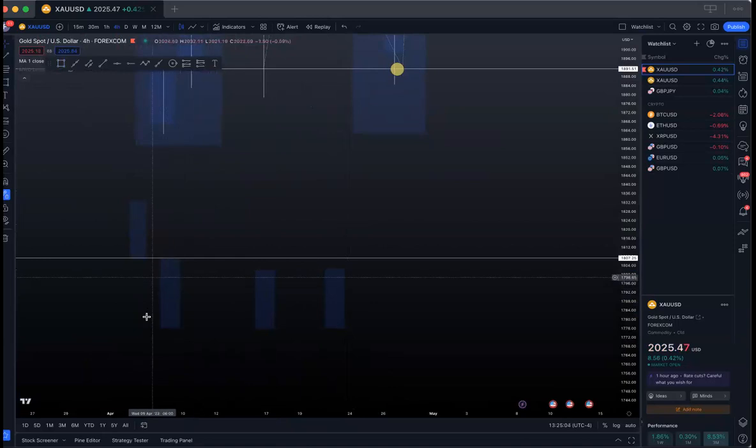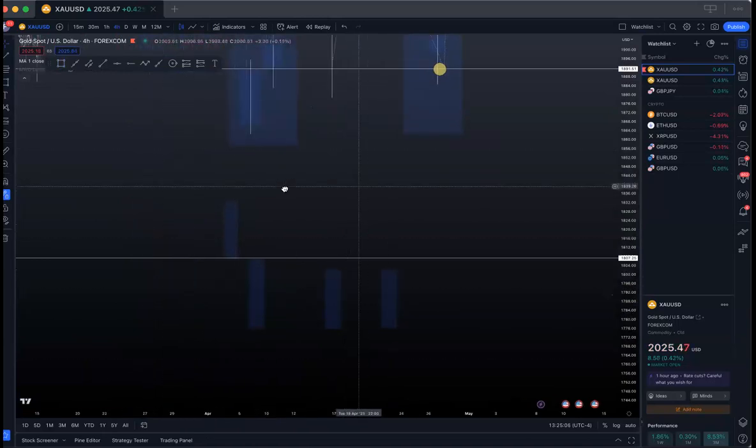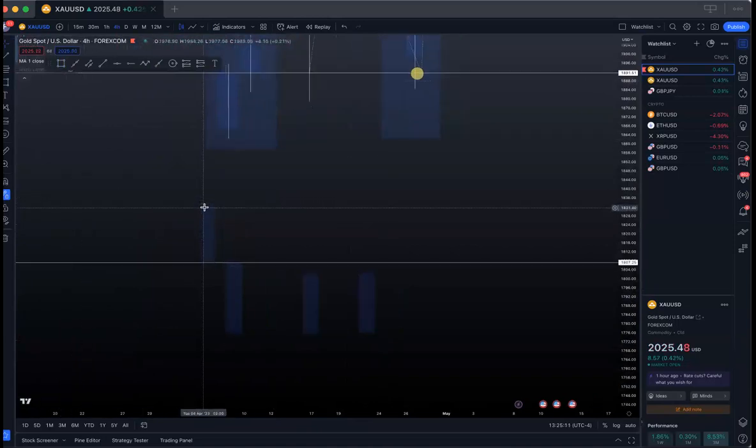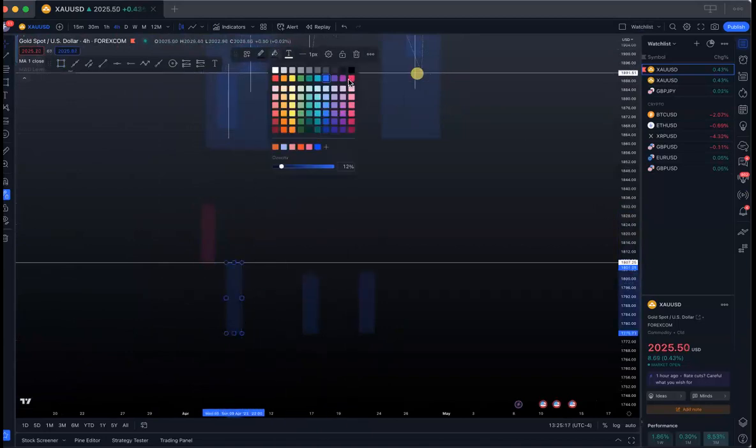Many times what you'll see is this gap is going to also line up with SNR, and we'll go over some examples on that as well.